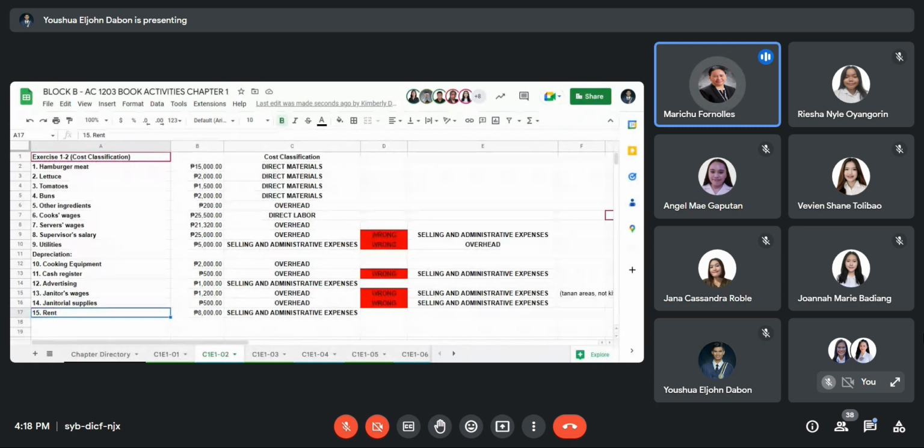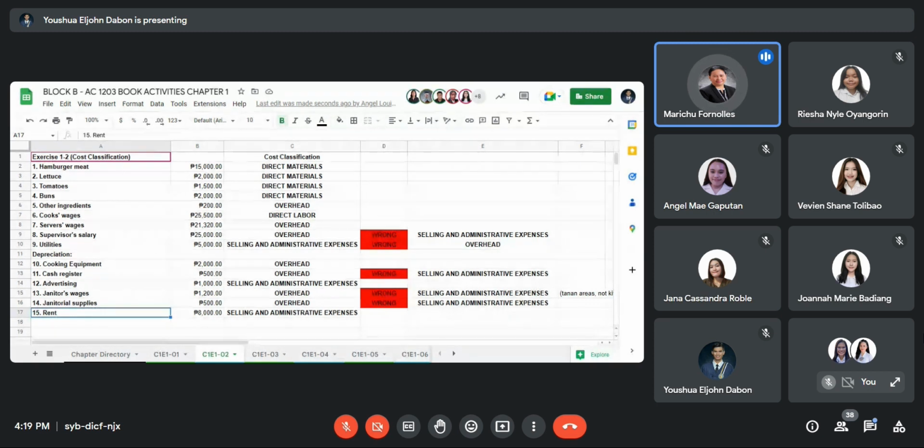So not just the production cost, but also to include the fair share of the overhead from the non-production areas. Kaya ang non-production areas, di man sila income generating. Most often, cost centers na sila. They will be incurring costs and expenses.